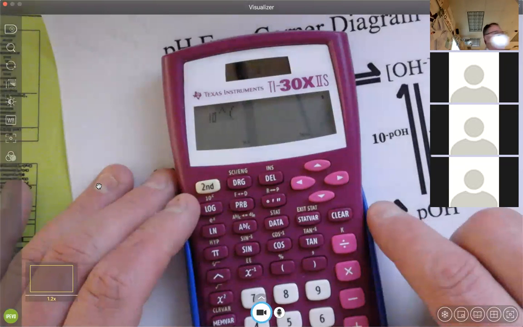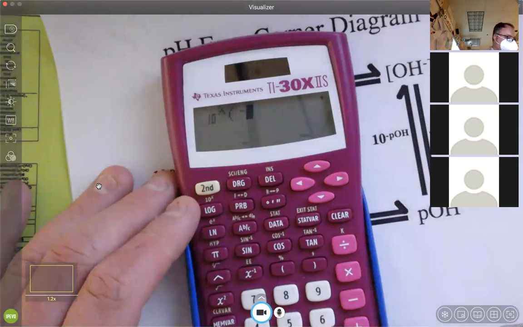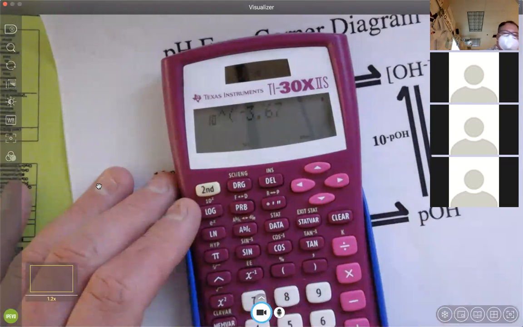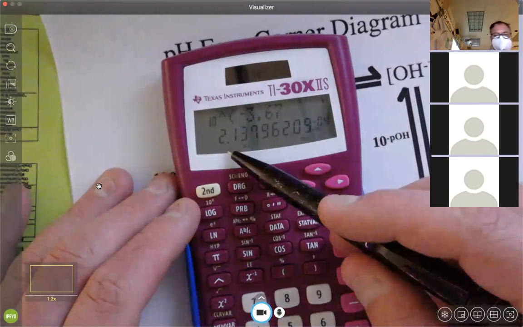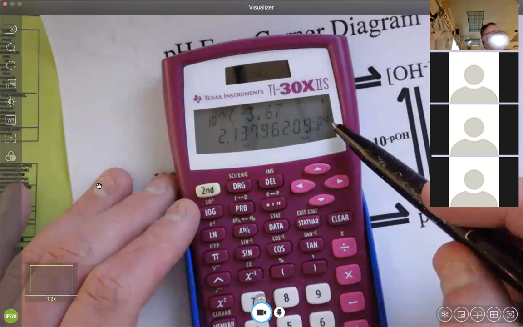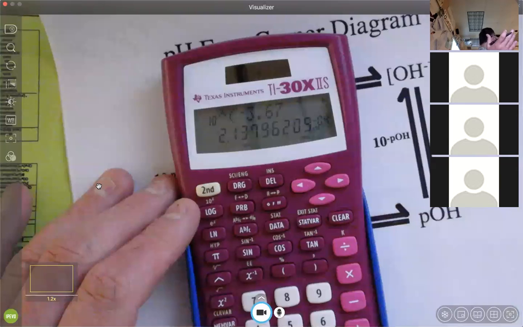Negative, what'd you say, 3.67? 3.67. So that means that the concentration of hydrogen ions in there is 2.14 times 10 to the negative 4th. That's what you would write for the hydrogen ion concentration of Sprite.